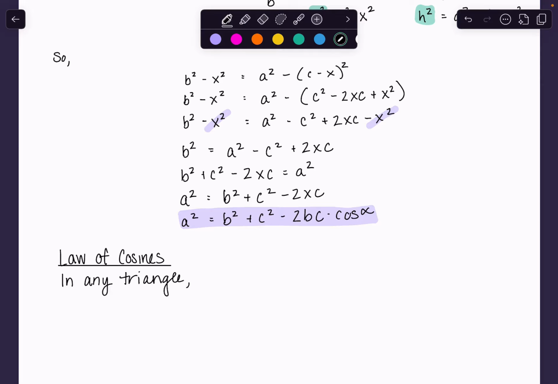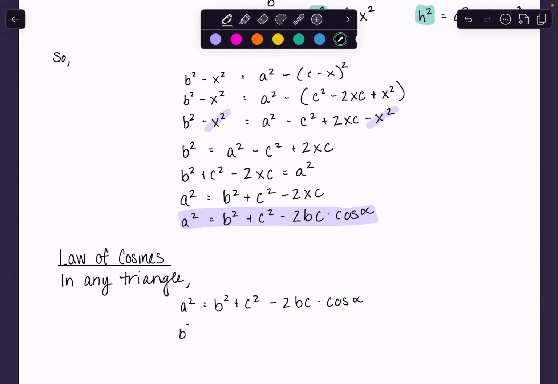these three relationships hold. a squared is equal to b squared plus c squared. You can kind of think of it like the Pythagorean theorem, but since it's not a right triangle, we have to subtract 2bc times cosine of alpha. So again, these two correspond to exactly what you add here, and then the one on the left-hand side matches the angle that you have.